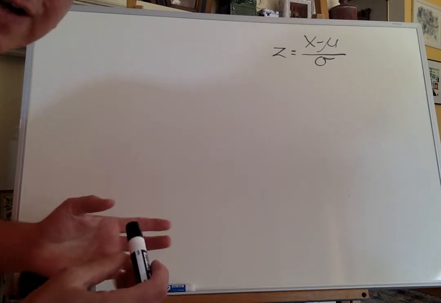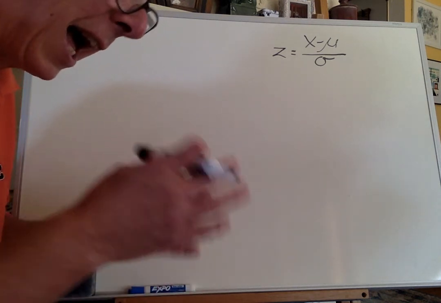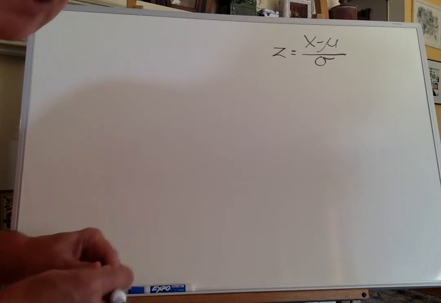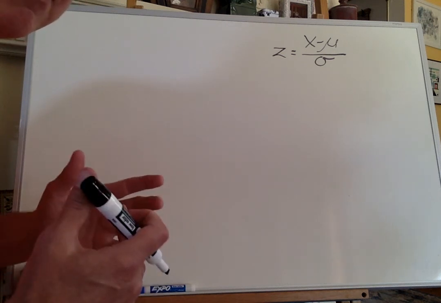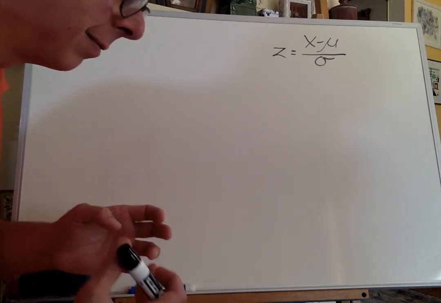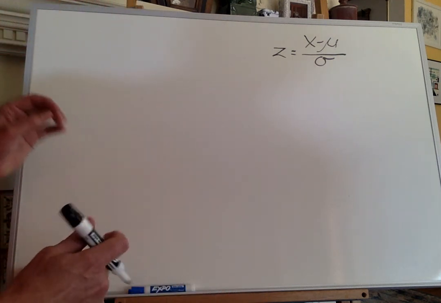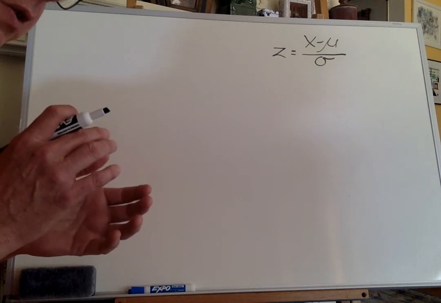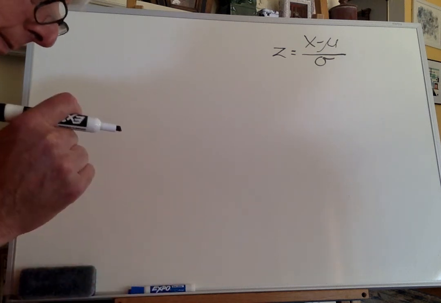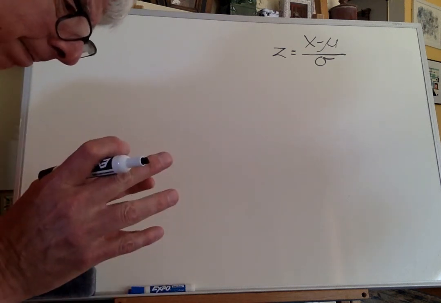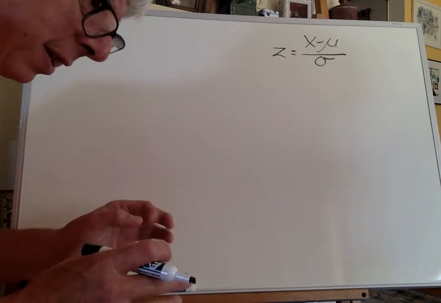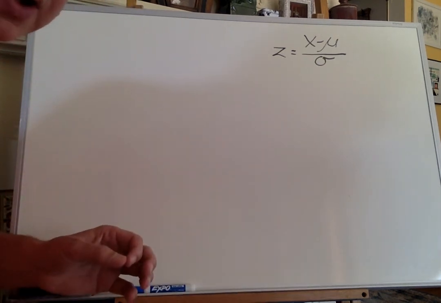Sometimes I look this stuff up on Google and use the actual data, but it really doesn't matter. I just want people to be able to manipulate these numbers in a normal curve. Let's assume that the running time for this particular track event is normally distributed across the country.